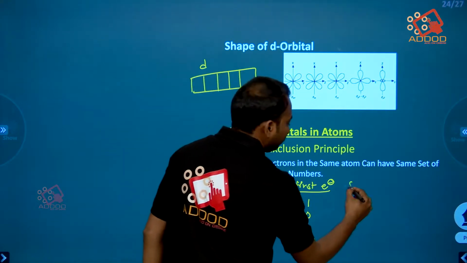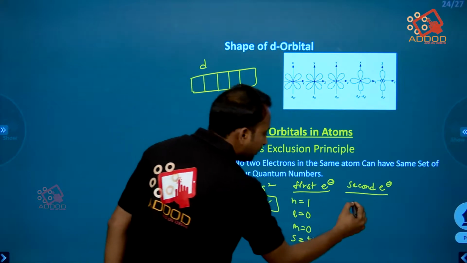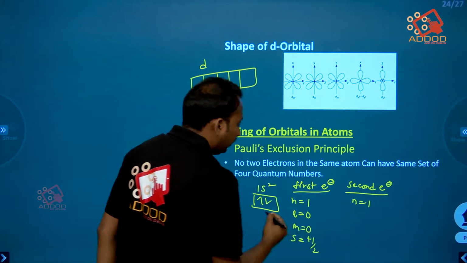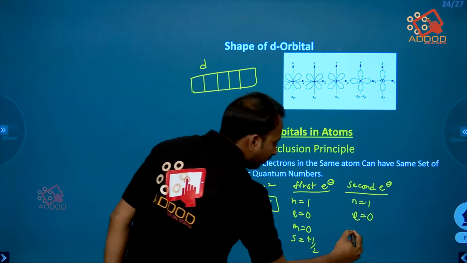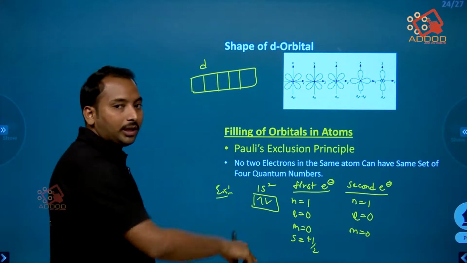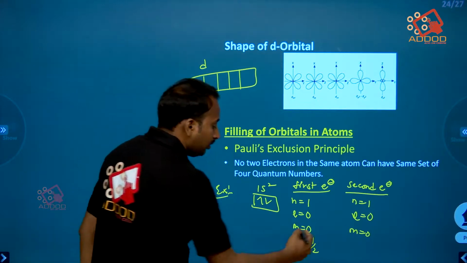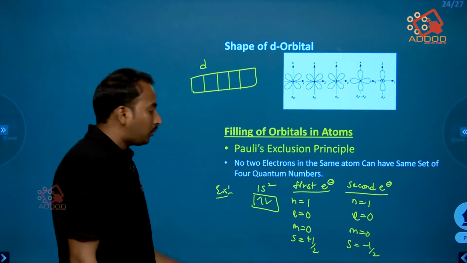For the second electron, n value is equal to 1, L value is equal to 0, m value is equal to 0, because the second electron also lies in the s orbital. Next, the s value is minus, so anti-clockwise.